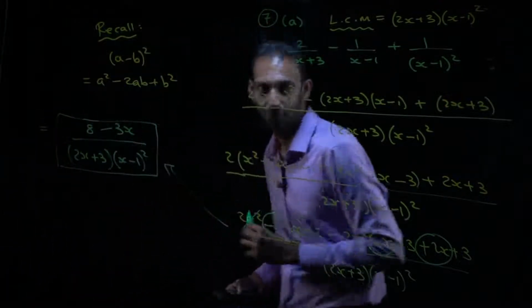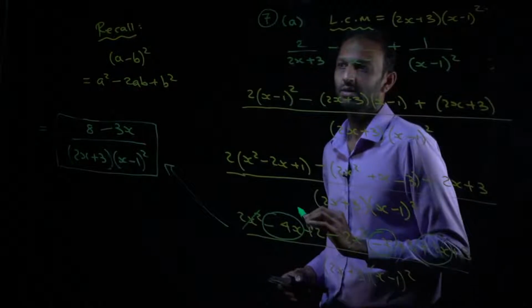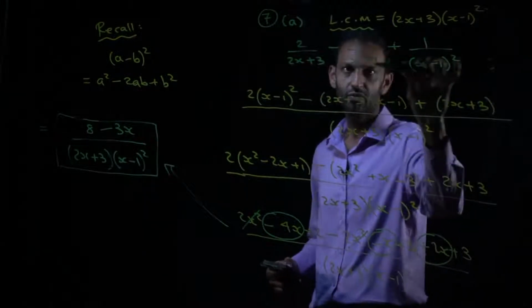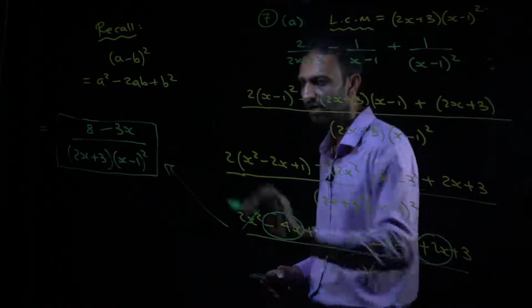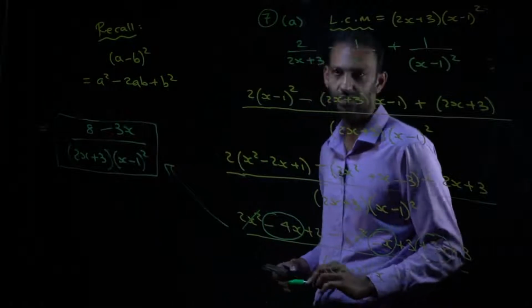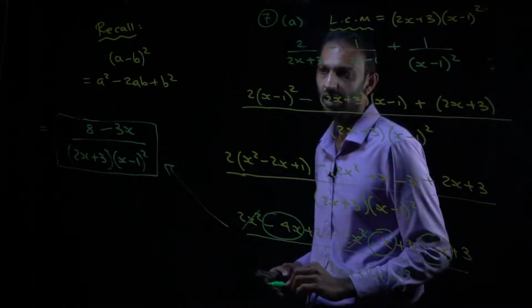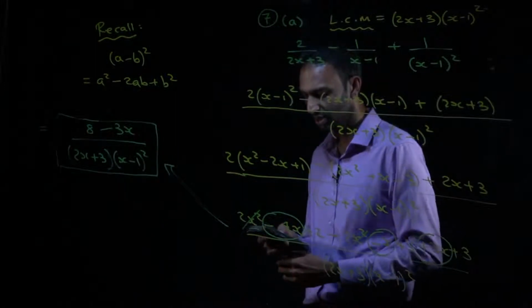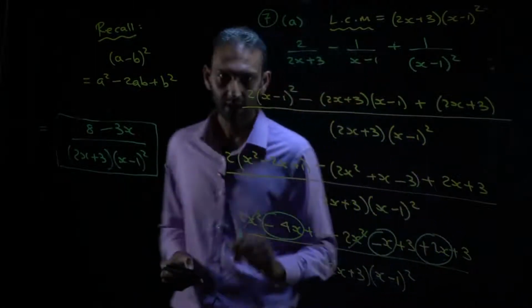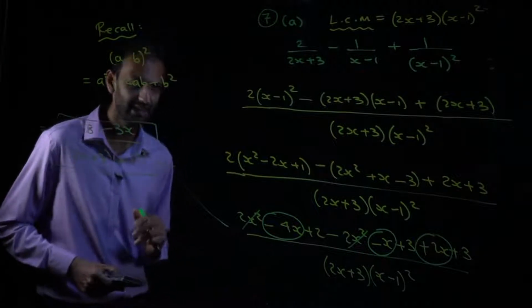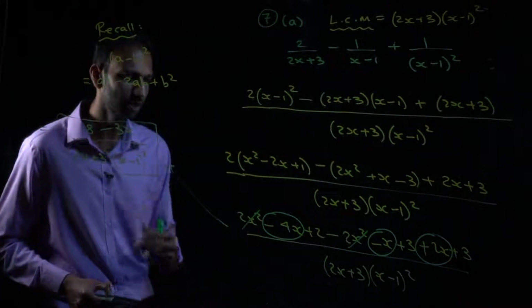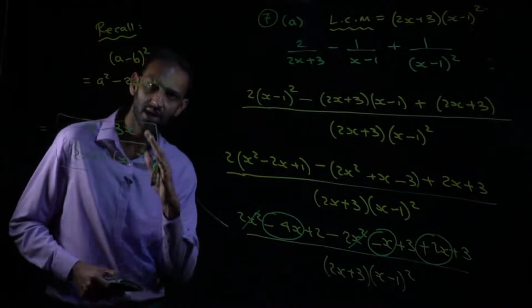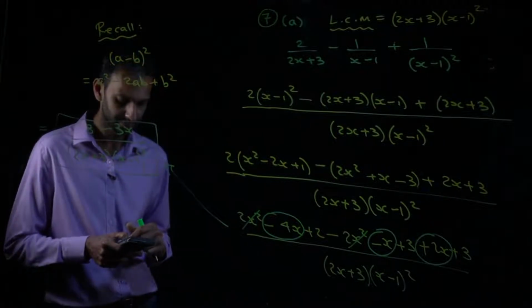So we've been asked to show that this whole simplification of the fraction is equal to 8 minus 3x divided by 2x plus 3 times x minus 1 to the squared. So the first question, done. I hope you've been able to understand that this is basically an extension of manipulation of fractions in Form 2.